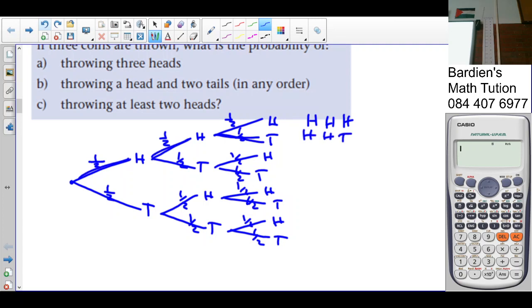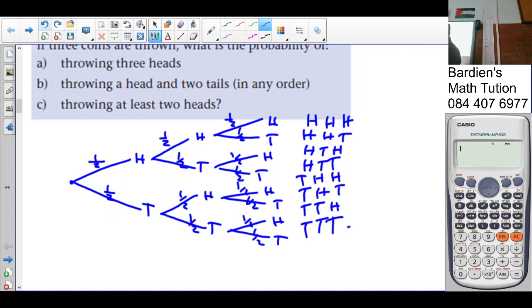You see that? And so on. So it's going to be heads, tails, heads. Heads, tails, tails. Tails, heads, heads. Tails, heads, tails. Tails, tails, heads. Tails, tails, tails. These are your possible outcomes.